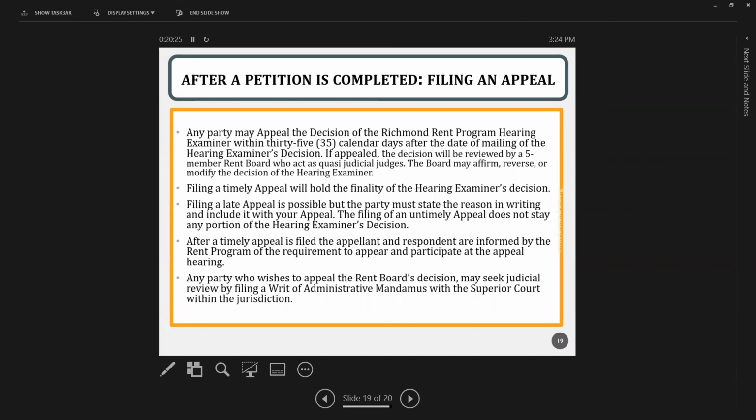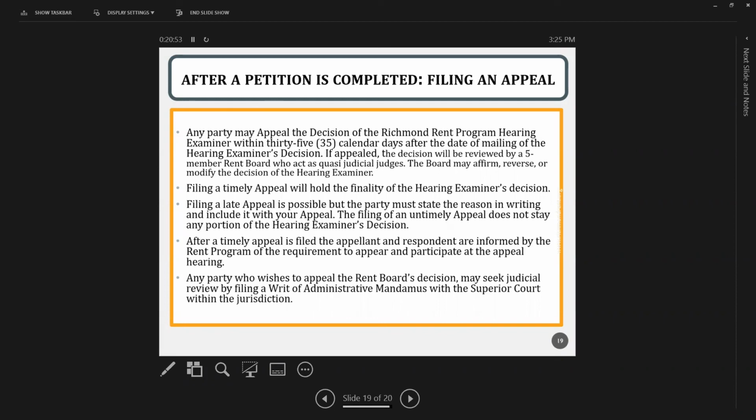Filing a timely appeal will stay the finality of the hearing examiner's decision. Filing a late appeal is possible, but the party must state the reason in writing and include it with the appeal filing, and it ultimately does not stay any portion of the hearing examiner's decision if late.